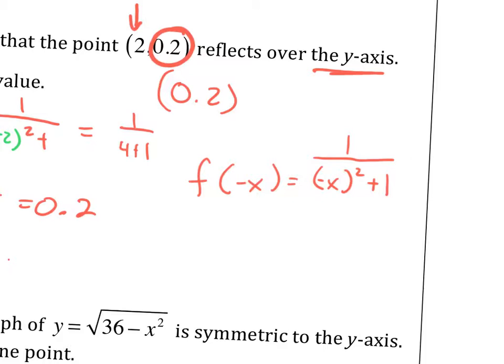Of course, mathematically, negative squared is positive, so we end up with x squared plus 1. Notice f of negative x is the same as f of x. So if I put the opposite in, I still get the same output, no matter what. If I put x in or negative x in, I'll get the same output.